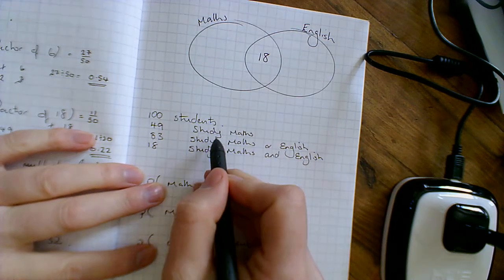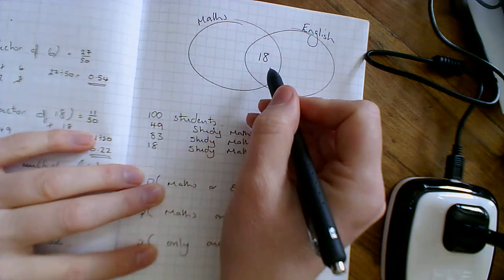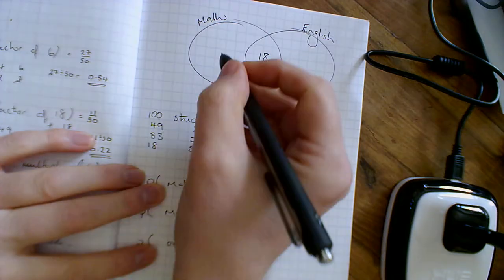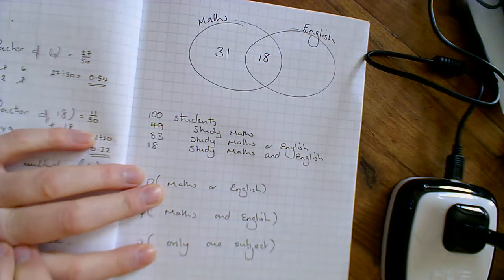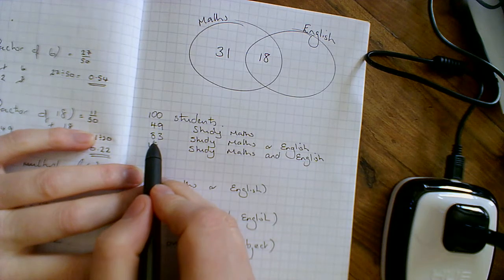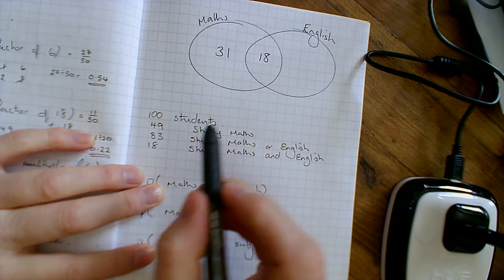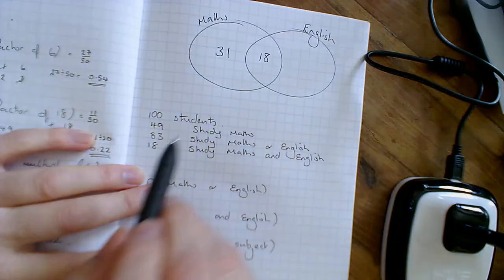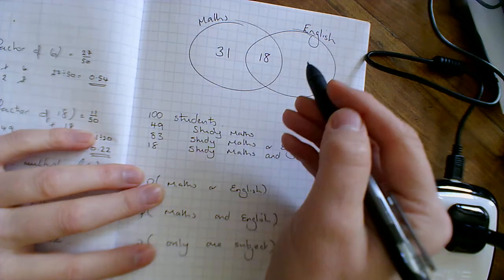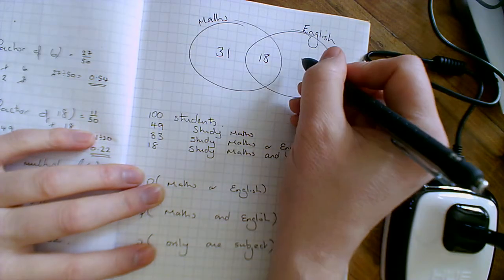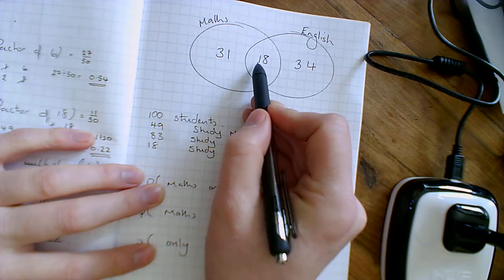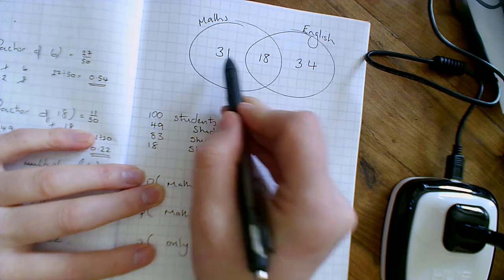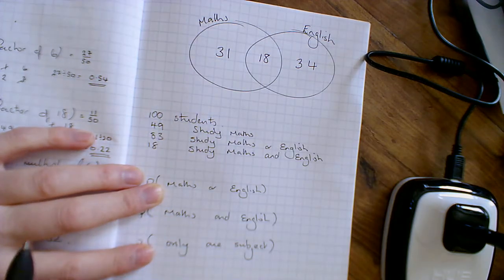Going back to the top, studying maths is 49, and we've got 18 in the middle. So of the 49, I need 31 more to make maths 49 altogether. There's 83 who study maths or English, so I need 83 in the whole of the thing. So that's 49, it's going to be, what's that, 34, 30, 60, 70, 78, 79, 83, yep, 83.